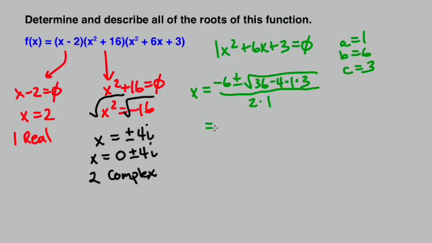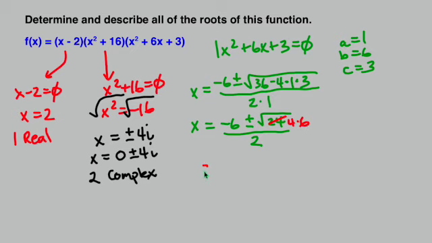I'm going to simplify that a little further. When I simplify the inside, 4 times 1 times 3 is 12, and 36 minus 12 is 24. And obviously 2 times 1 is just 2. The last thing we're going to do is simplify this. 24 is 4 times 6. I know it's also 3 times 8 and 12 times 2, but the reason I chose 4 times 6 is that the square root of 4 is 2.